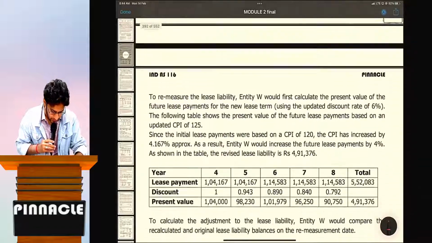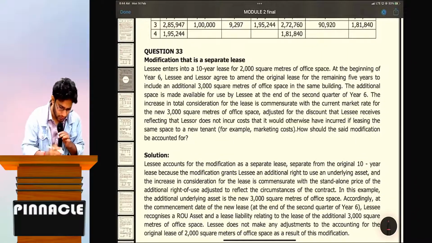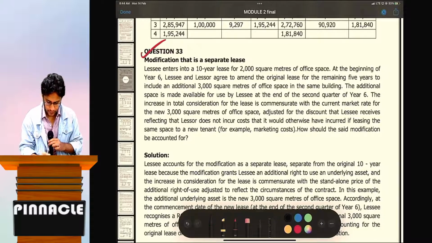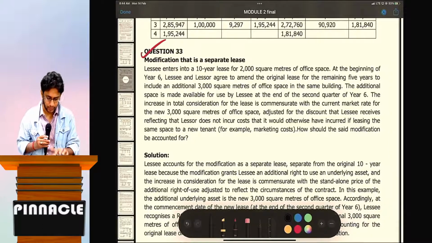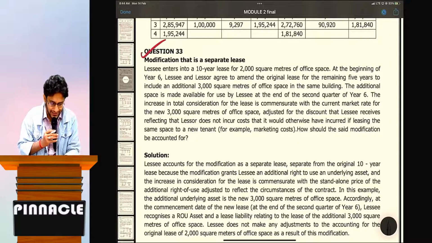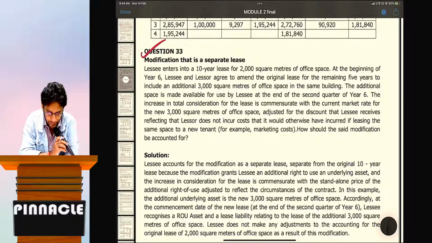So guys, go to question number 33, please. Lessee enters into a 10-year lease for 2000 square meters of office space.